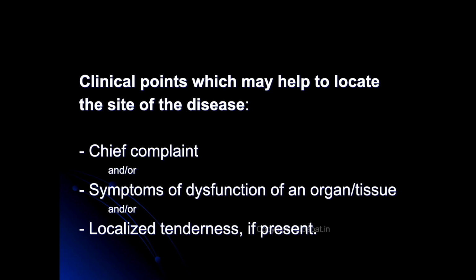If a patient presents with, say, pain in right lower quadrant of abdomen, nausea and vomiting, and tenderness in right lower quadrant, which organ you think might have been affected? Most probably appendix, right? If a patient presents with dysphagia, which organ might have been most probably affected? Esophagus. Okay?